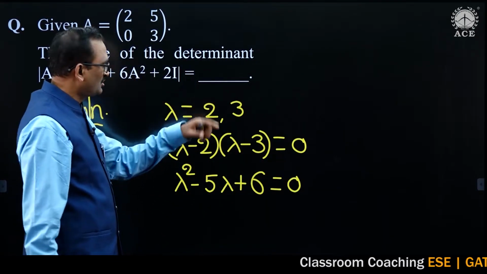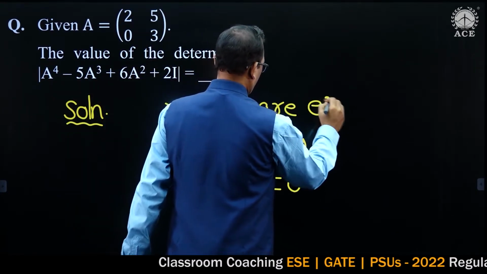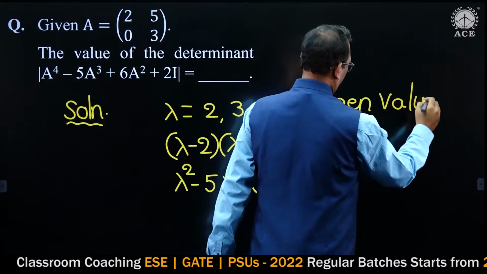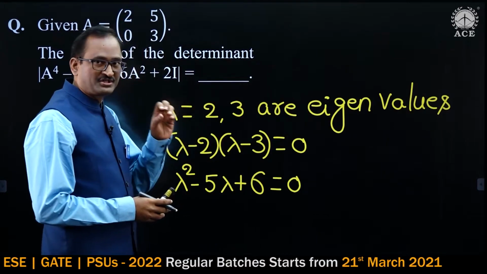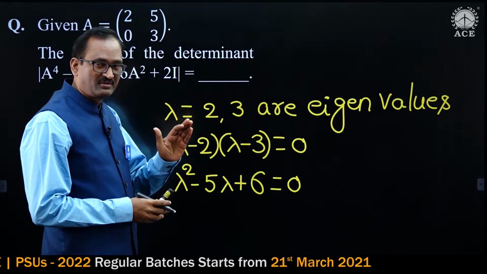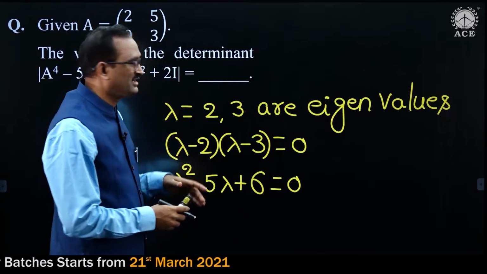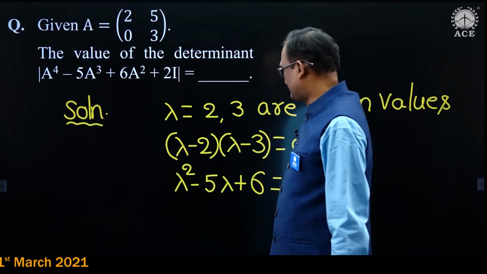Lambda is equal to 2, 3 are eigenvalues, because the eigenvalues of either an upper triangular matrix or a lower triangular matrix or a diagonal matrix are simply its diagonal elements. This is an upper triangular matrix, not lower triangular matrix.